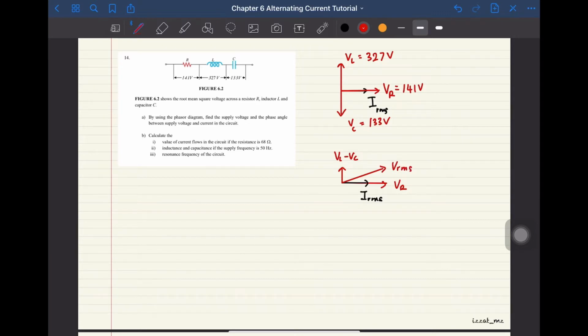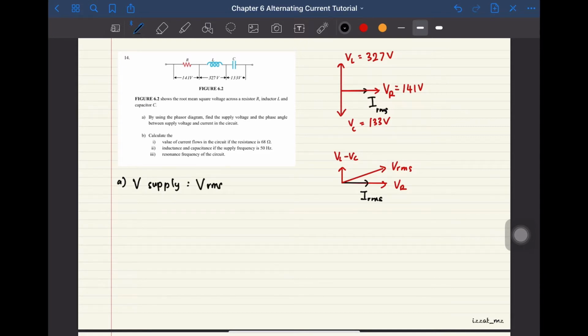The first question, they want to find the supply voltage, which is the VRMS, and the phase angle. So maybe I can write over here, V supply is basically my VRMS.